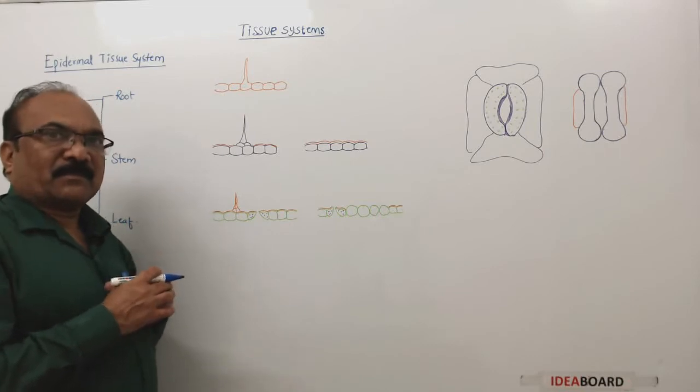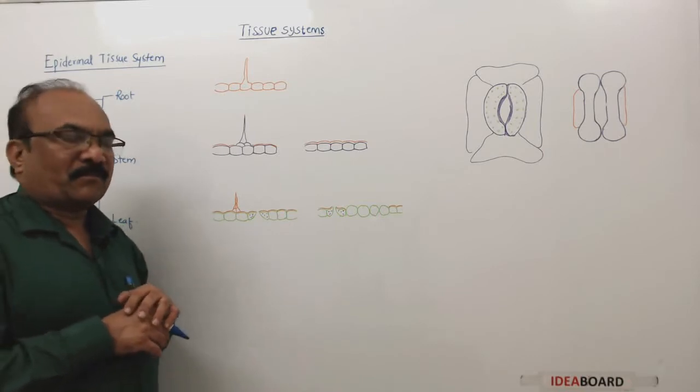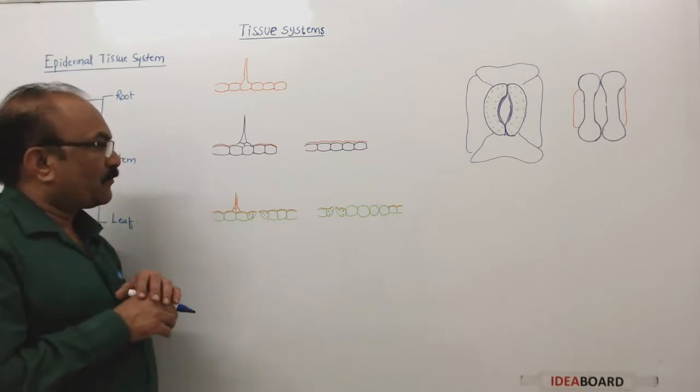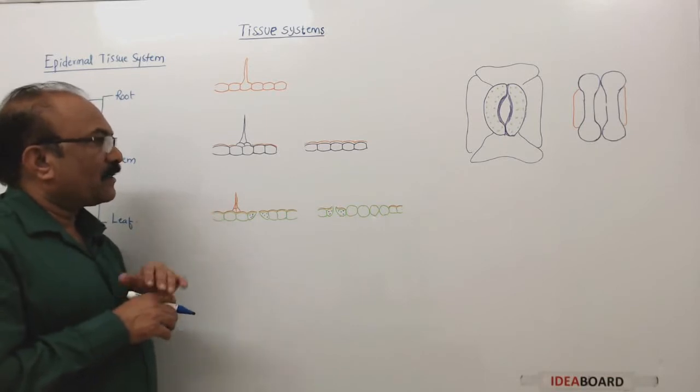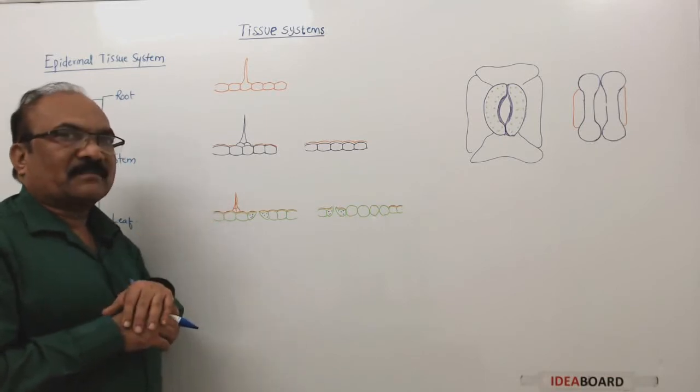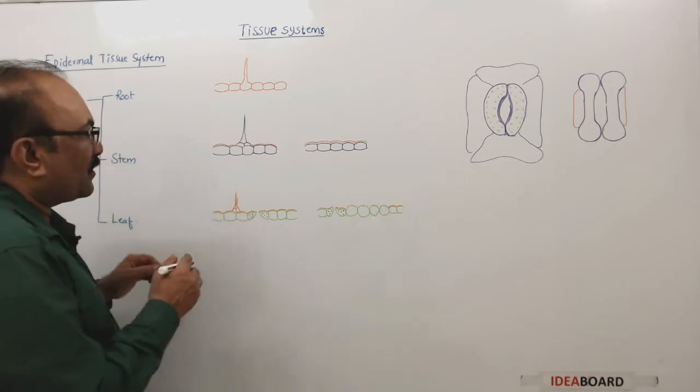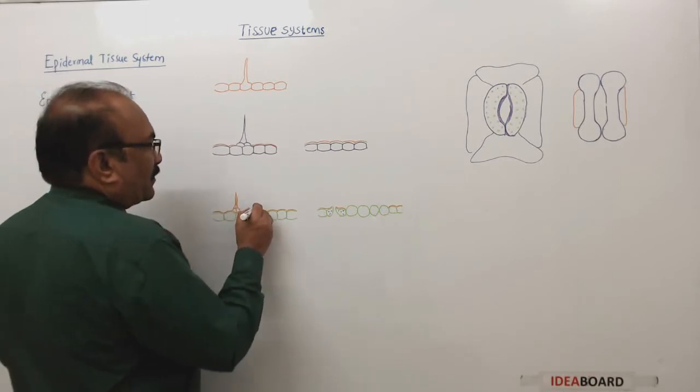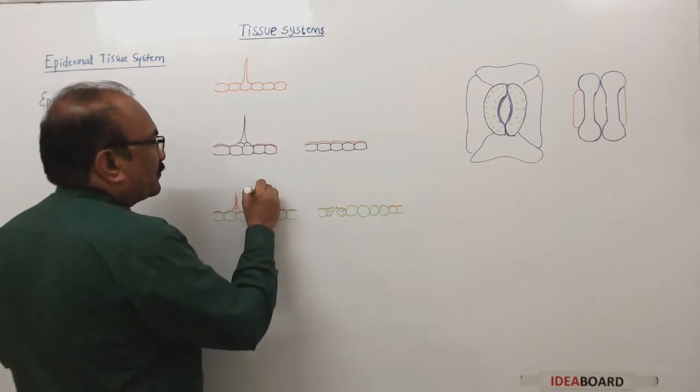But in leaf epidermis, one exception will be there. In the leaf epidermis, here and there, you will find some gaps. These gaps are called stomata.